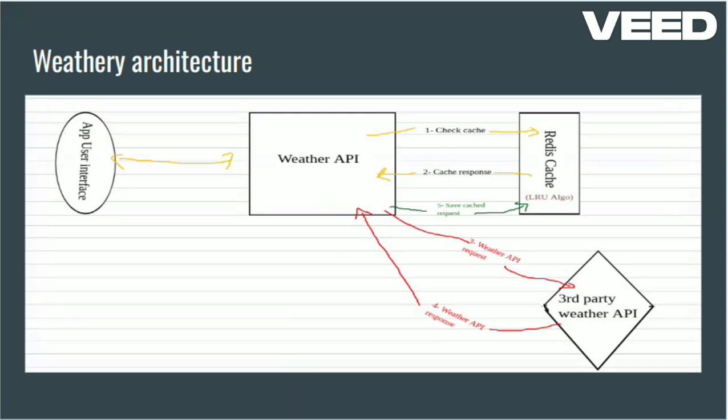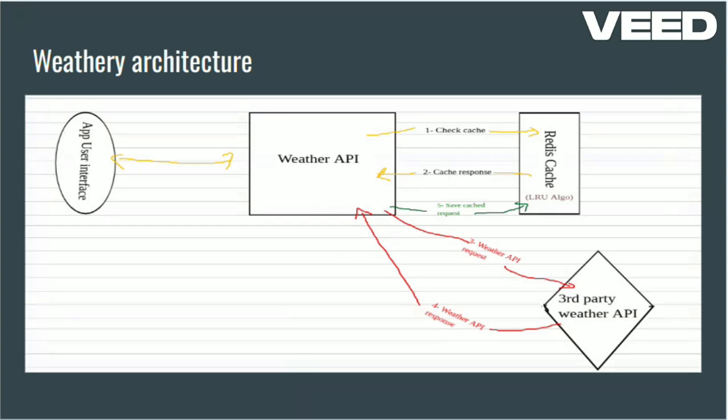Then we're going to have our weather API that we're going to code ourselves, and the weather API is mainly going to do two things. Of course, more regarding authentication, tokenization, and all of those. But mainly, it's going to do two things. The first thing is caching, and the second thing is sending requests and receiving responses from a third-party weather API.